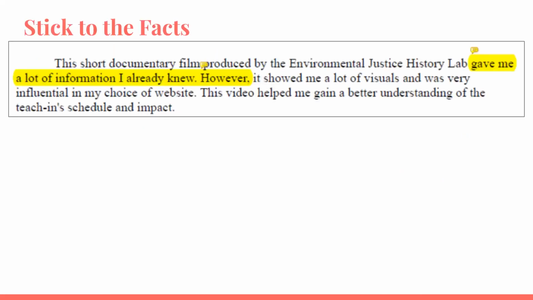Stick to the facts. Here's a sample of an annotation saying how this film gave me a lot of information I already knew. However, it showed me a lot of visuals and was very influential in my choice of website. That's information that the judges don't really need to know. They don't really need to know what you knew before.